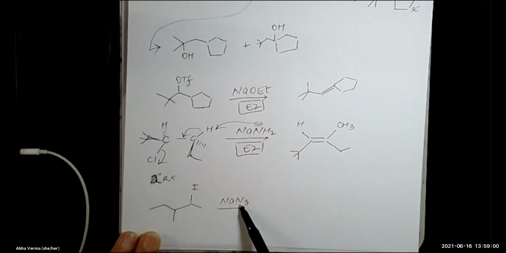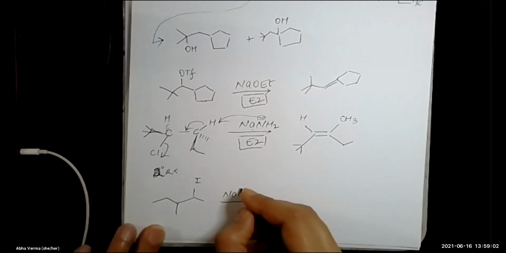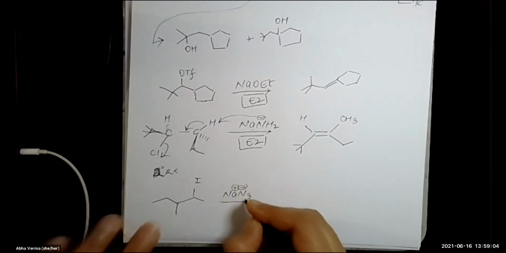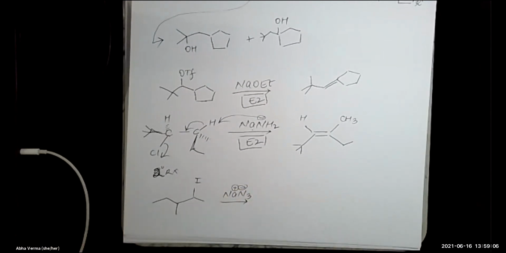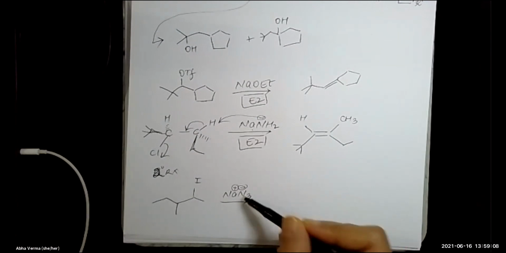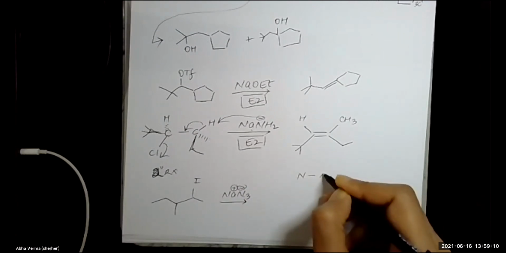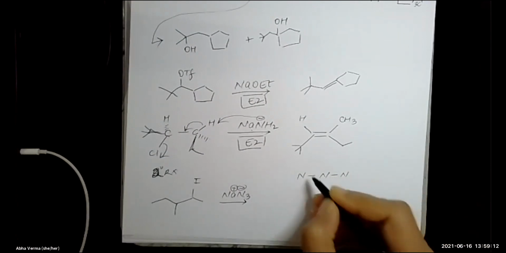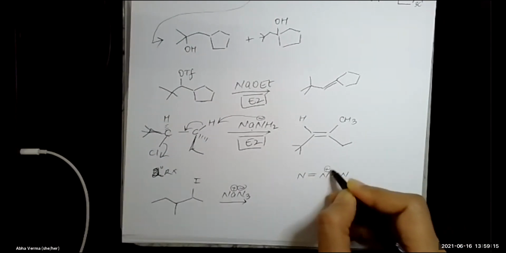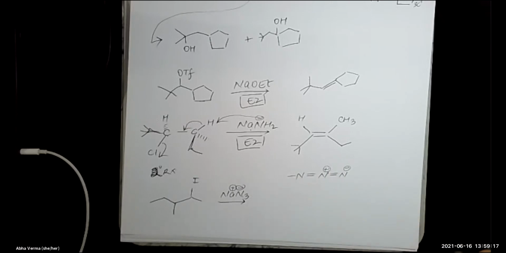If you look at this, is this a strong nucleophile or is it a strong base? It is a weak base. Why? Because nitrogen appears something like this. This is the azide kind of a reaction.